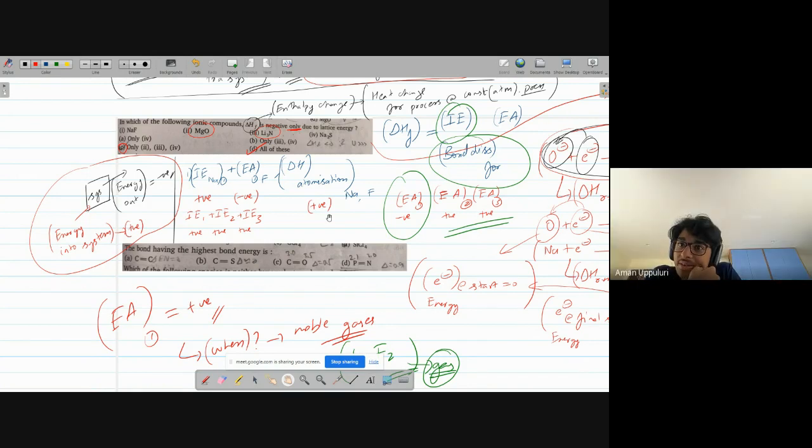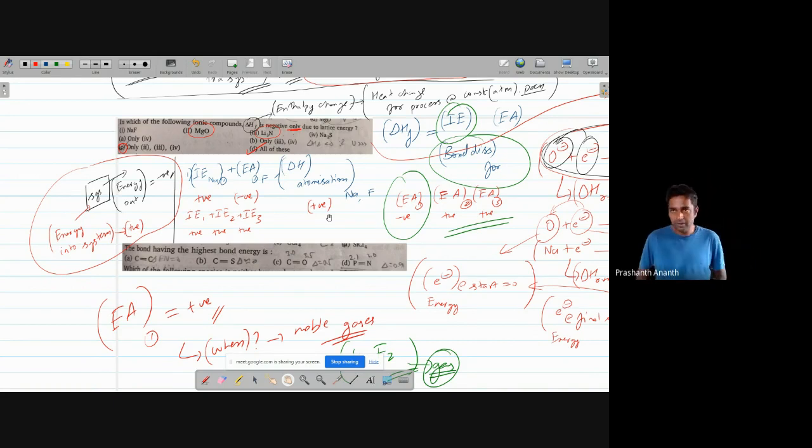Lithium nitride has substantially higher covalent character than expected. In fact, I would bet it is close to 40-50% covalent.